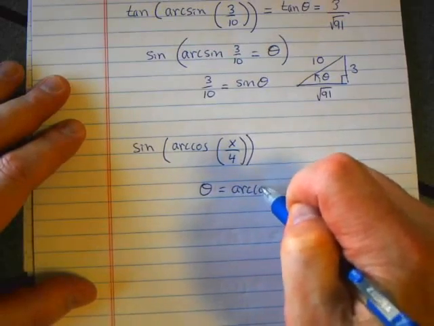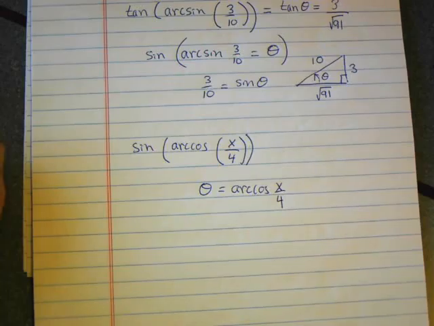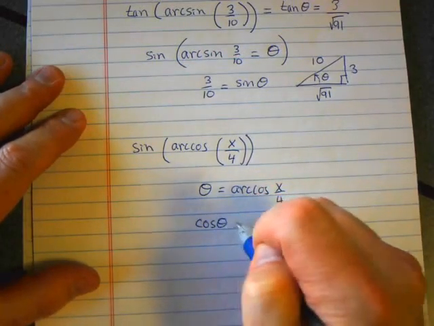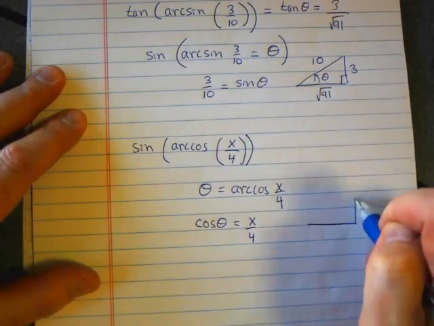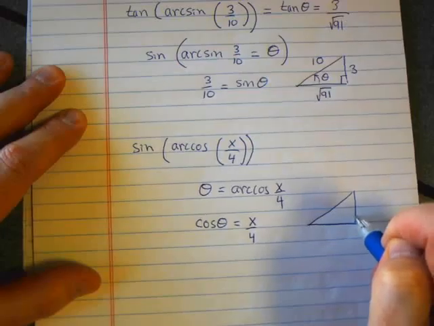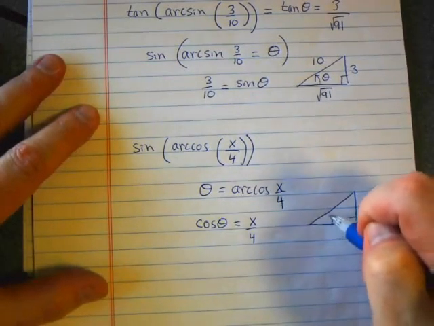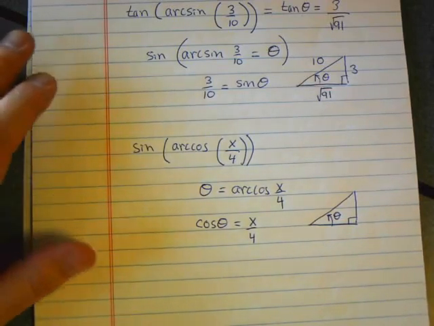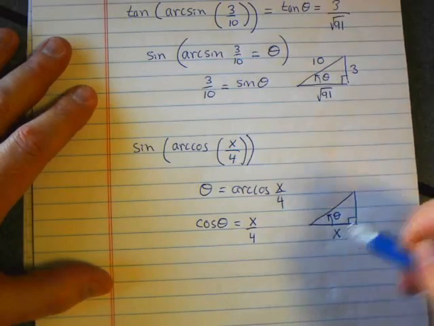That arc cosine thing, it's going to be an angle. It's going to be some angle theta. I'm going to do cosine on both sides, so I get cosine of theta is x over 4. So the fact that I have an x there really doesn't change much of anything. I'm just going to have x's in my answer, that's all. So this is x, and that's 4.